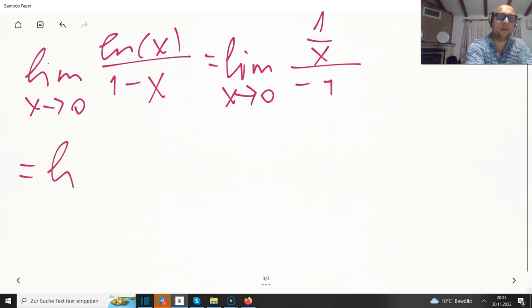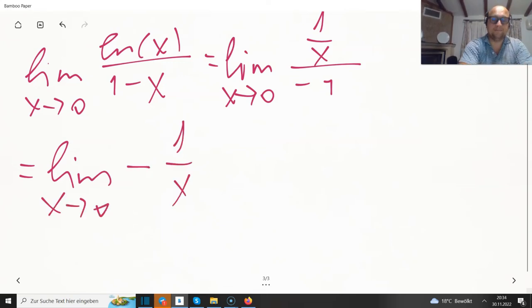So basically the limit of minus 1 divided by x. Well, this is not a nice limit, if you remember, because it's not clear from which side we are coming. Is it clear maybe through the definition of the function? And the answer is it's not. Okay, so I do not know what's happening here.